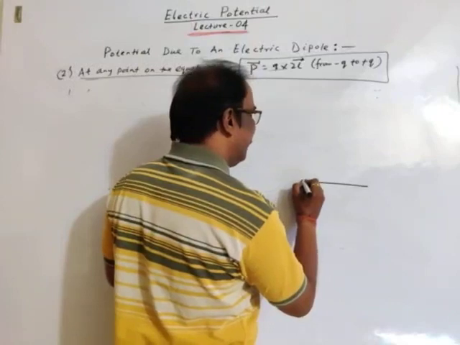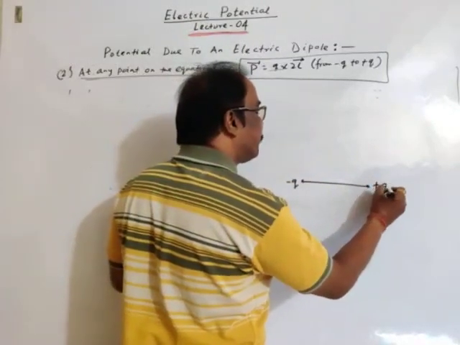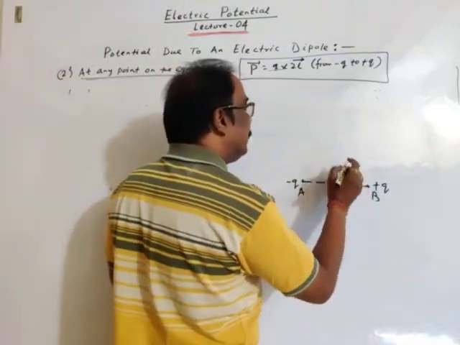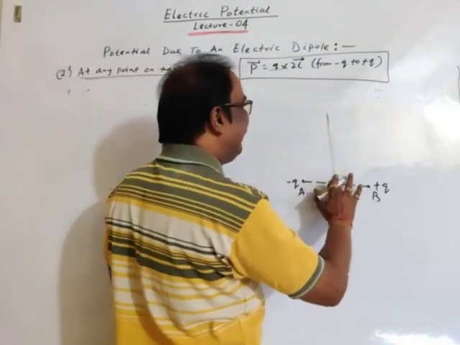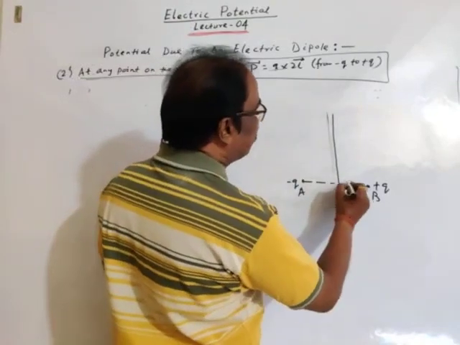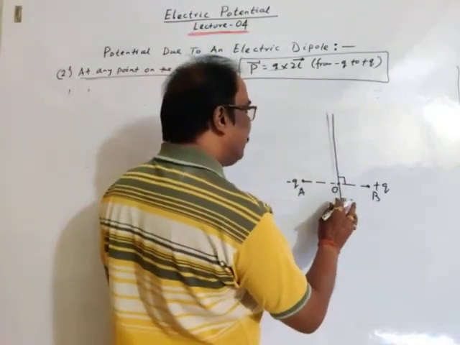Again let's take an electric dipole, minus q, plus q, this point is A, this point is B. This is the perpendicular bisector, and this is the center of the dipole.